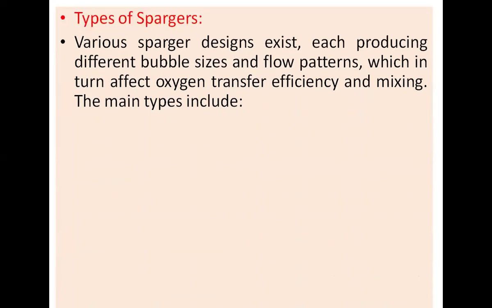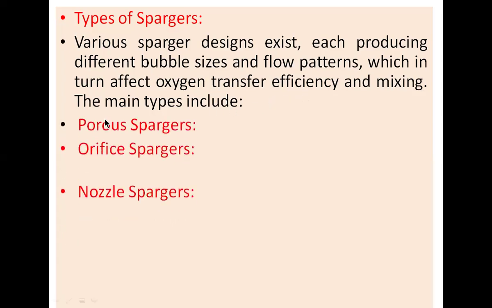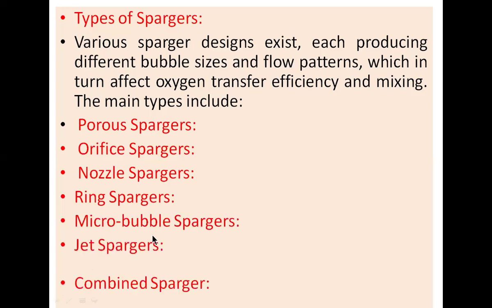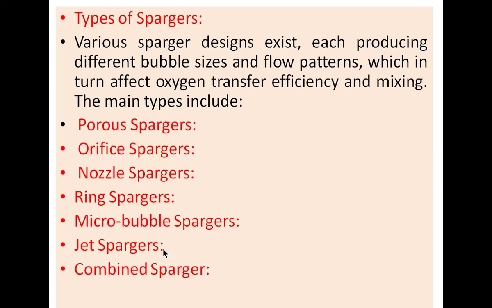Now let us understand the types of sparger. Various sparger designs exist, each producing different bubble sizes and flow patterns, which in turn affect oxygen transfer efficiency and mixing. The main types include porous spargers, orifice spargers, nozzle spargers, ring spargers, microbubble spargers, jet spargers, and also combined spargers.